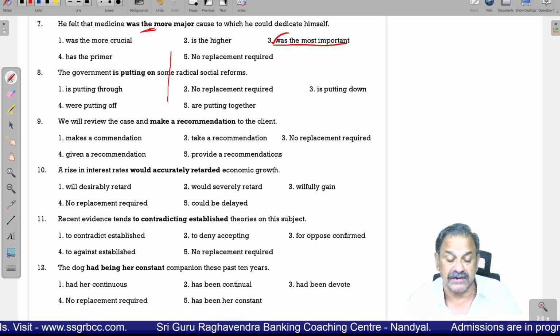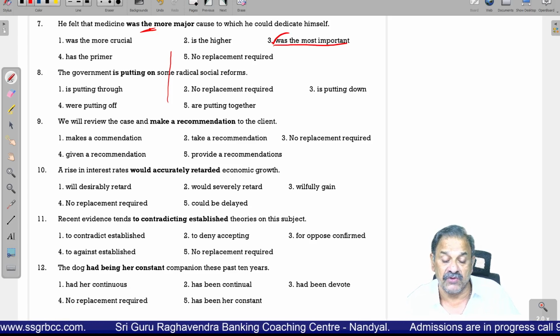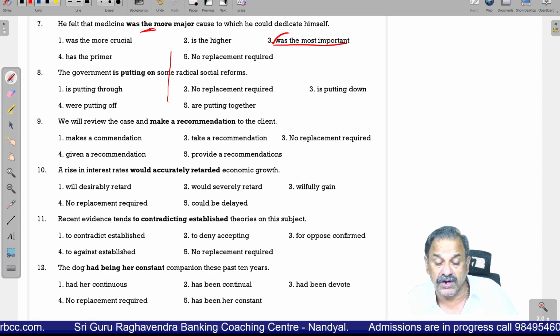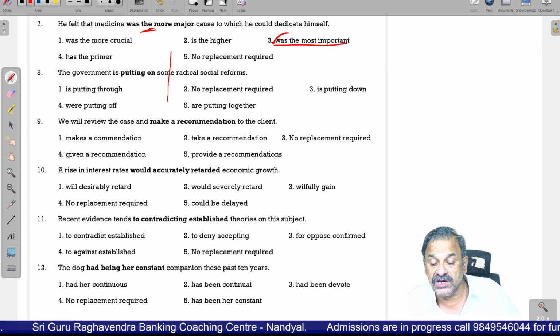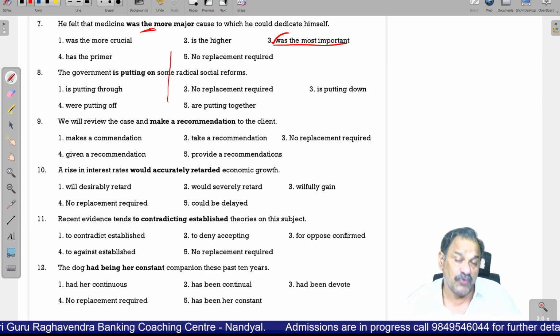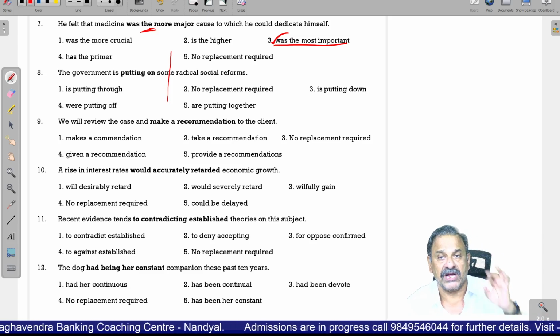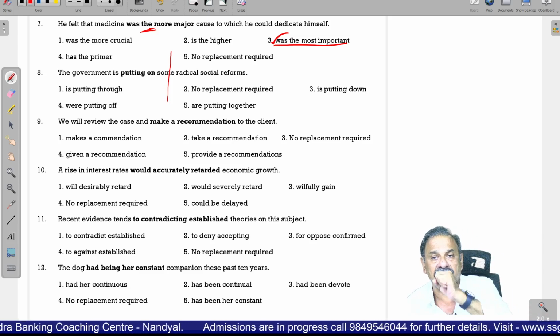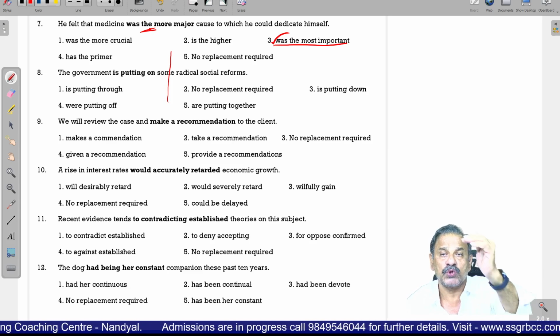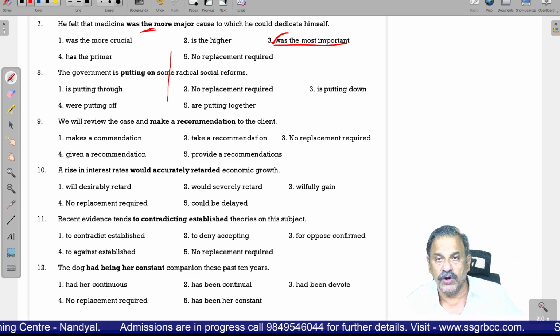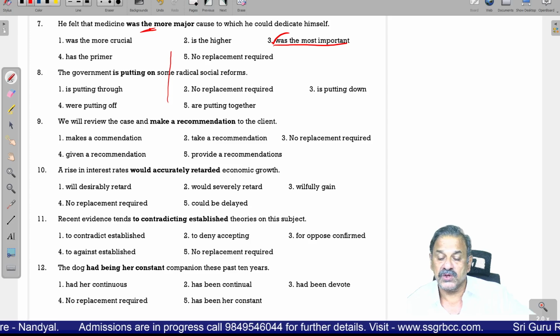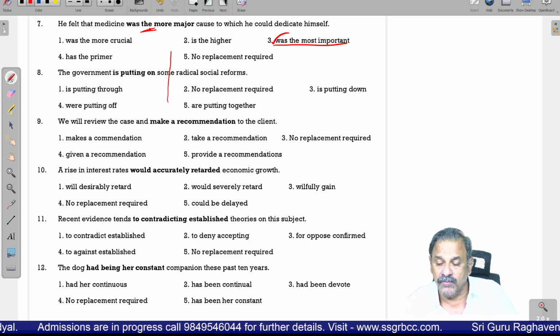Third one is correct. So he felt that medicine was the most important cause to which he could dedicate himself. Why? See, here definite article the is there. After definite article the, we have to use the adjective in the superlative degree. So more important, most important. So instead of more, you have to use most important.